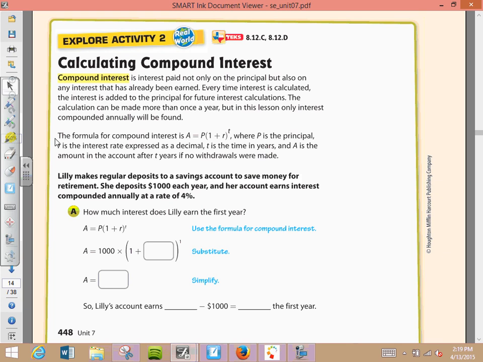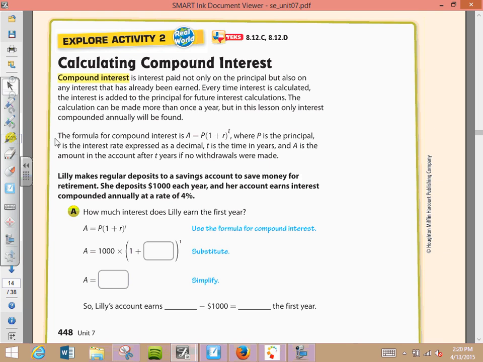We have simple interest, which is pretty easy to calculate, and then we have compound. I'm sorry, the following page. All right.